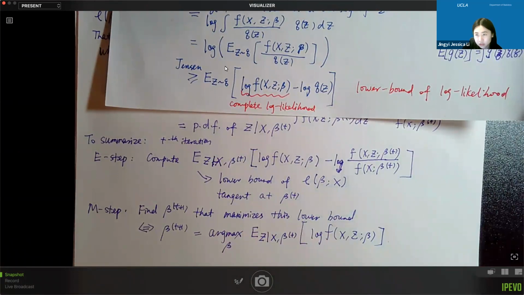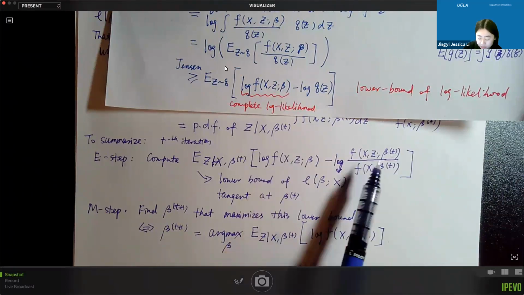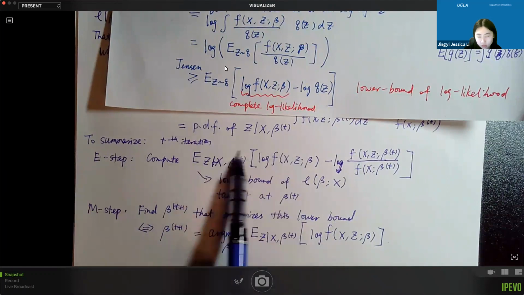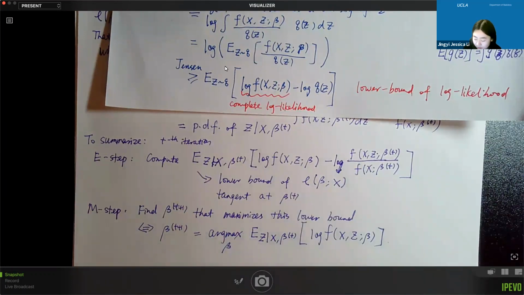That's why, because in the M step we just need to maximize the first term, and the second term doesn't matter. Therefore, in our next iteration, the E step, we just need to calculate the first term. We don't need to worry about the second term. Okay, so just to simplify things, we do the iteration as follows.